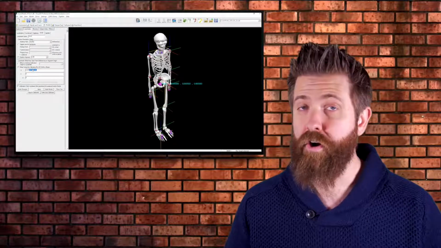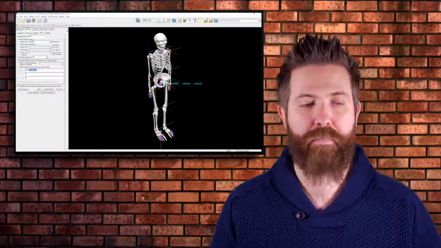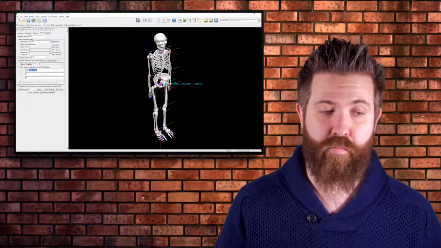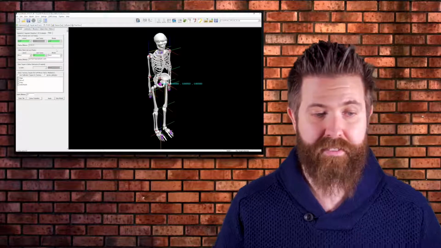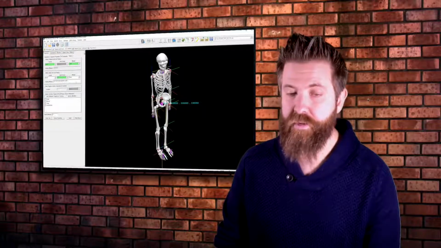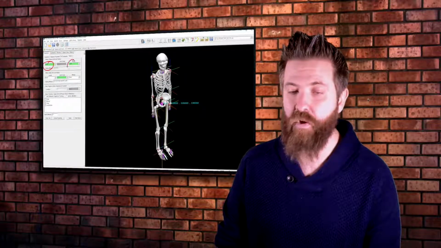So that's how we get our hip. Obviously, L hip is defined in the same way. So if we go back to segments, you can understand how R hip and L hip are defined.